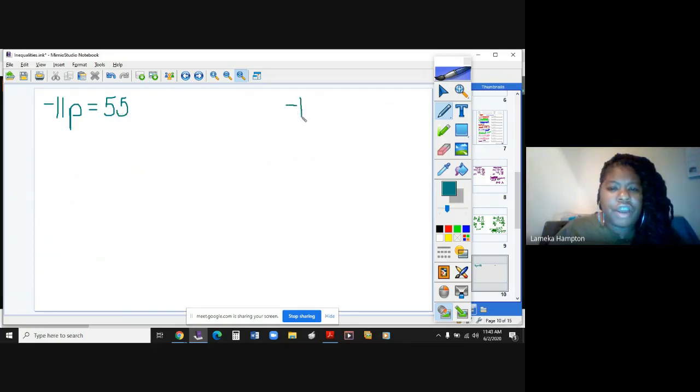Again, I am going to write the same numbers. The difference is I wrote one as an equation and I wrote one as an inequality. Can anybody tell me what kind of problems these are?